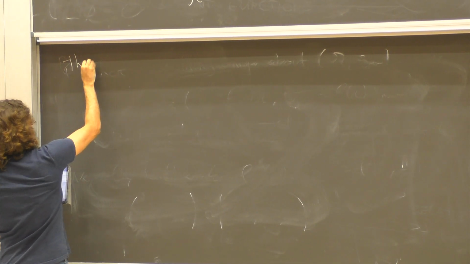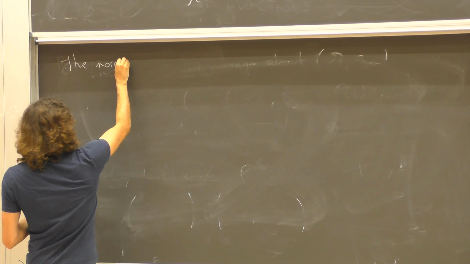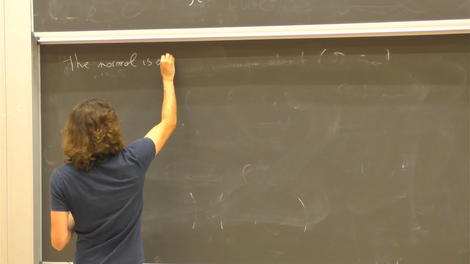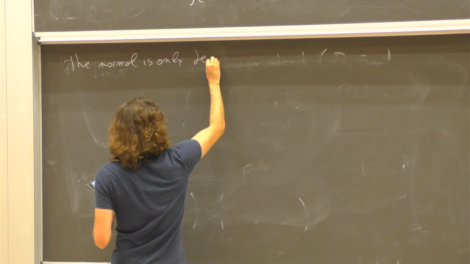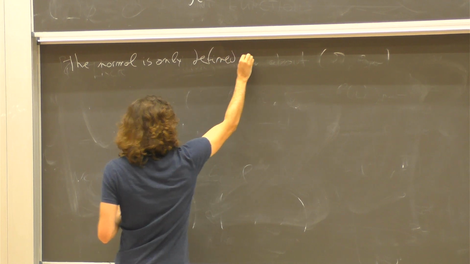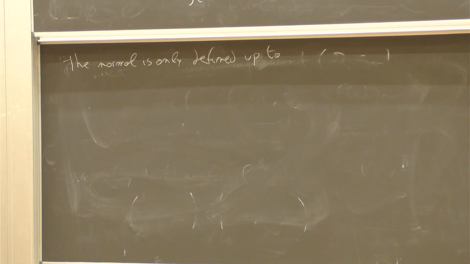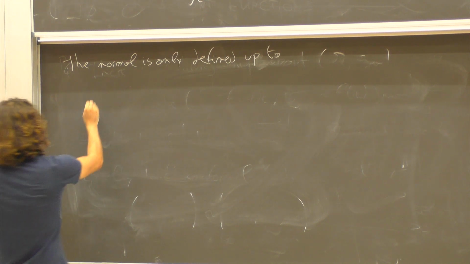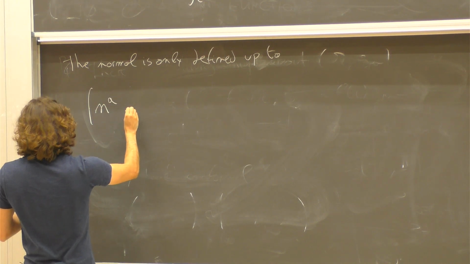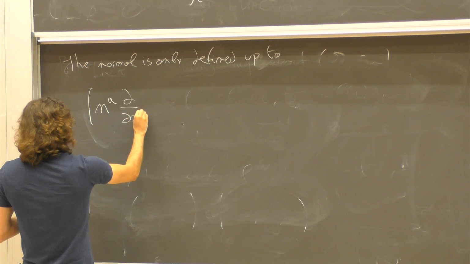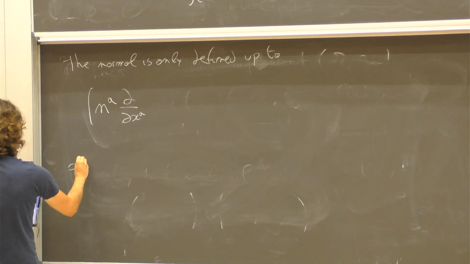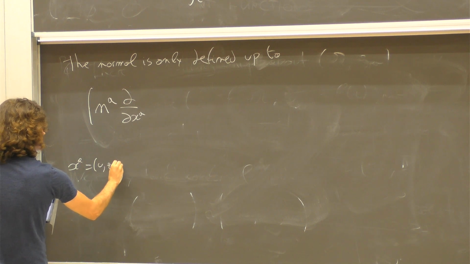So the normal is only defined up to, so I want to keep this because I like it, so I'm going to call this h. This is the induced metric. And so we really have these equivalence classes of, so little a, so x a, they are u and z bar.